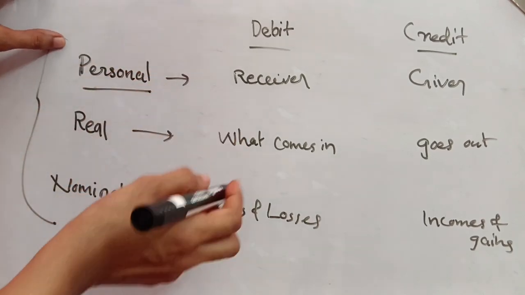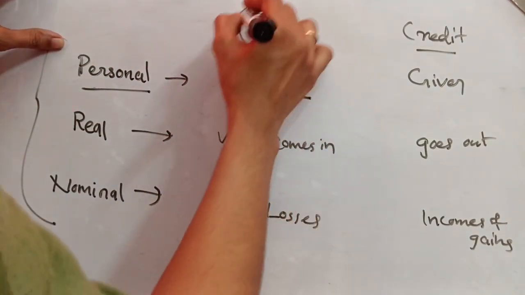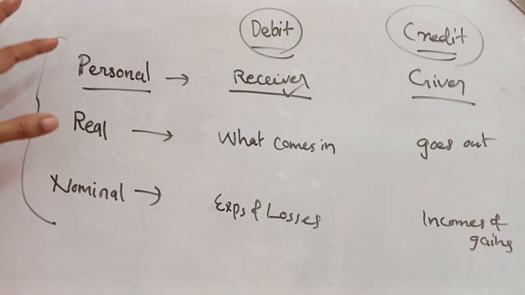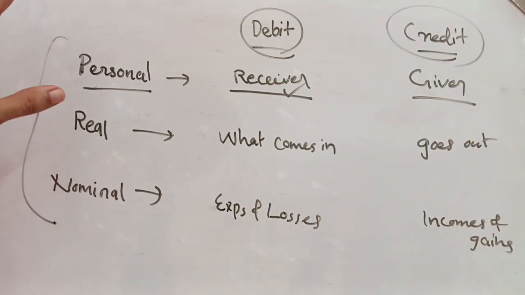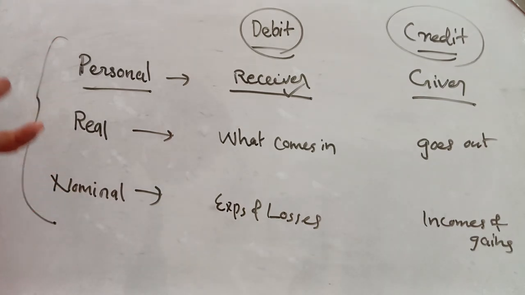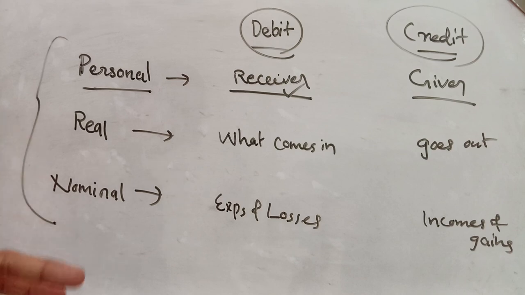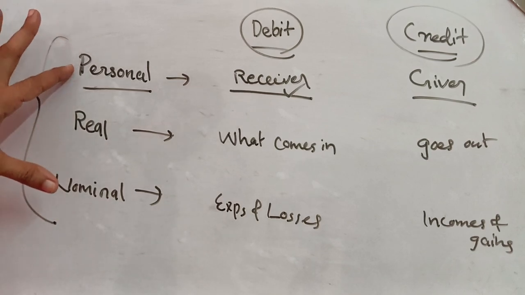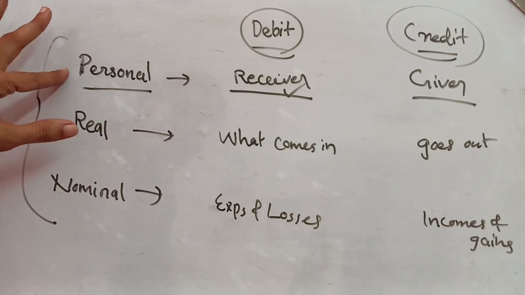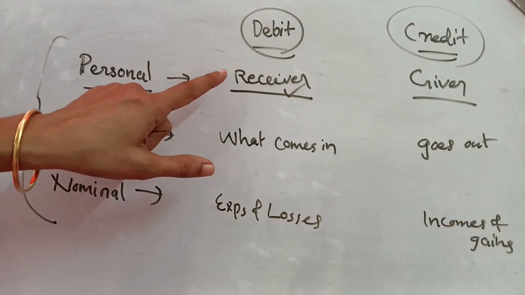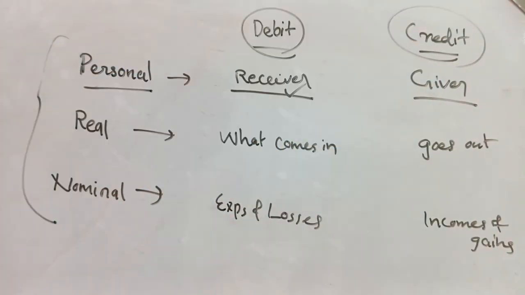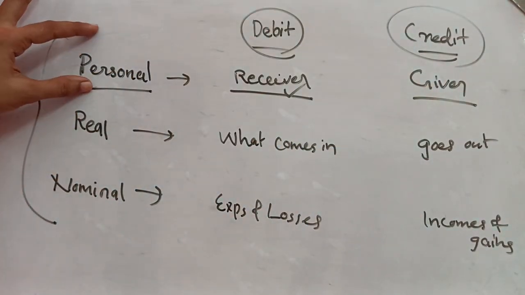In case of personal accounts, we always debit the receiver and credit the giver. There are three kinds of personal accounts: natural, artificial, and representative personal accounts. If a transaction involves personal accounts, the receiver should be debited and the giver should be credited.